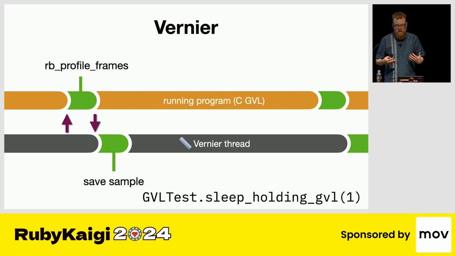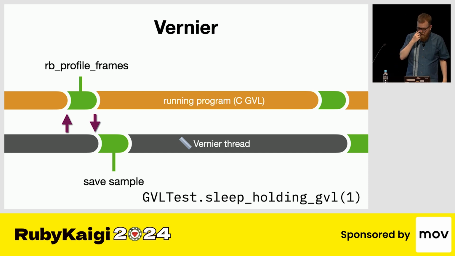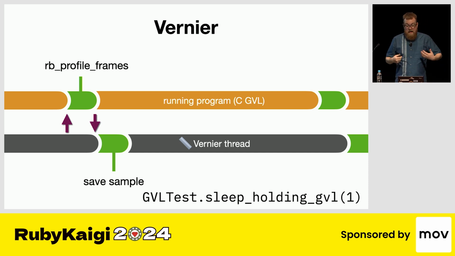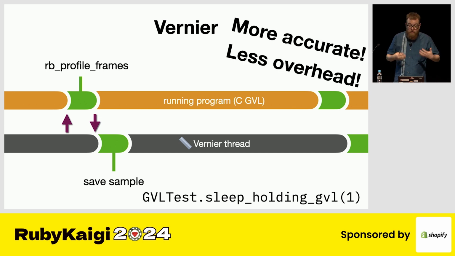We're able to do this because using the stack table infrastructure we set up earlier, that never does any Ruby allocations, so it's safe to do in a C thread. And this means that we never miss a sample and we're more accurate. We also have less overhead because the saving of the sample is able to be done off the main thread. We have our own dedicated thread for that.